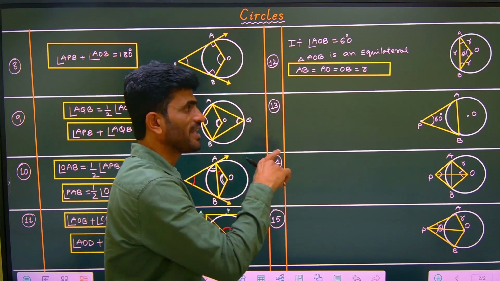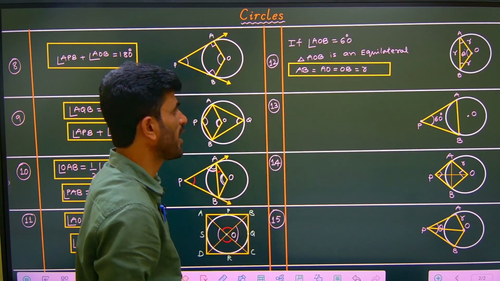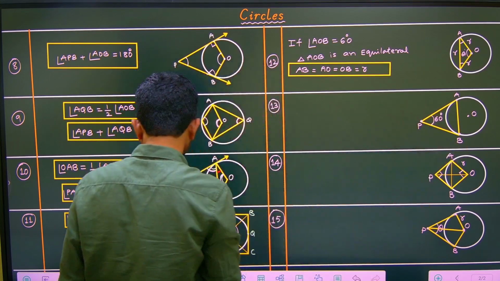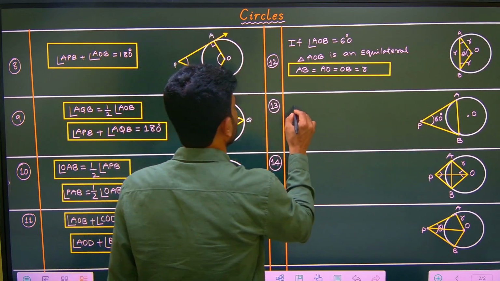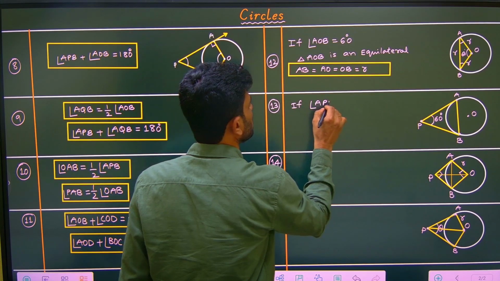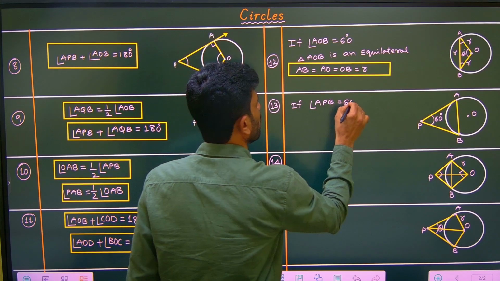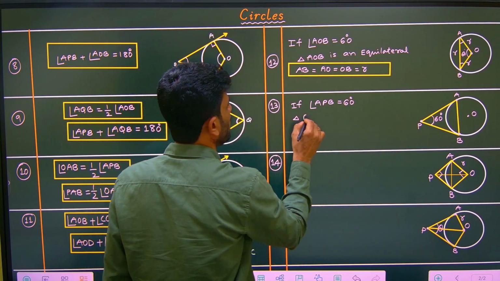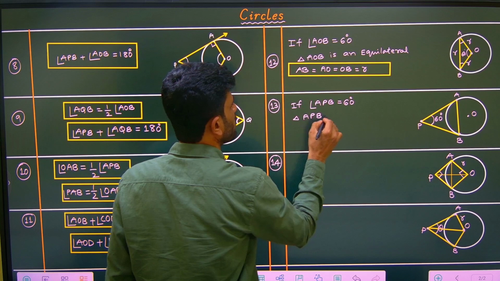Now, if the angle at an external point is 60 degrees, then this triangle becomes an equilateral triangle. So if angle APB is 60 degrees, then triangle APB will become an equilateral triangle.